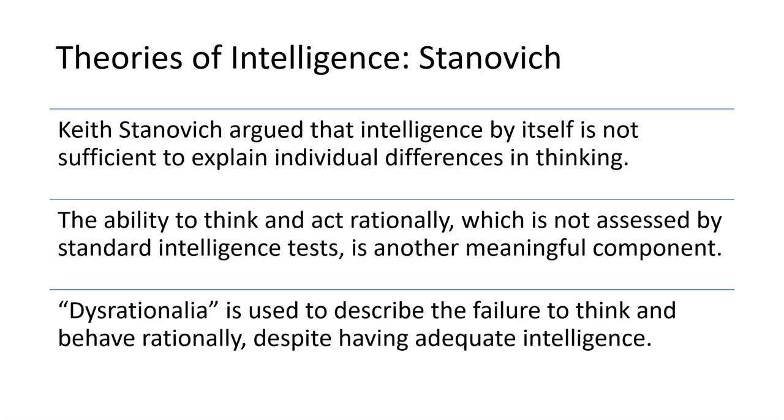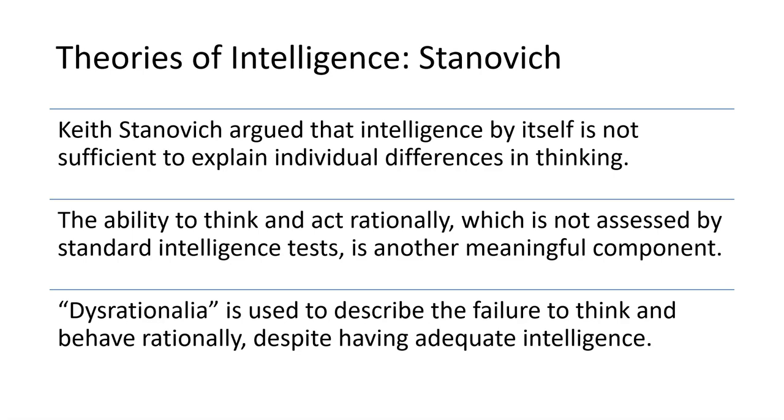Humans do it all the time. I'm a social psychologist. Believe me, people are less rational than we would like them to be. And those who behave rationally despite the temptation to do otherwise, Stanovich would suggest are intelligent.